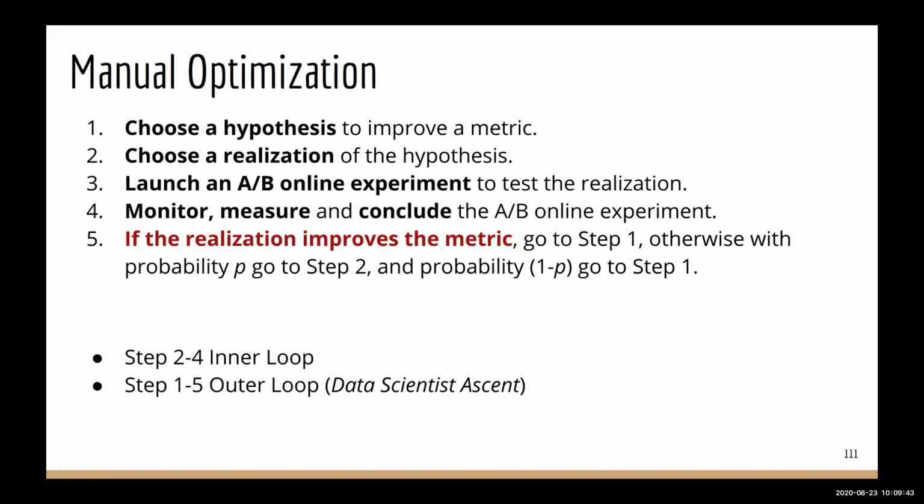So with these two for loops, we are going to improve our metrics. Sometimes this is called data scientist ascent, because it is really a human in the loop improving the metric. And this is a very typical way we improve the metrics in a lot of companies, in a lot of different products. This is the classical way we do it.